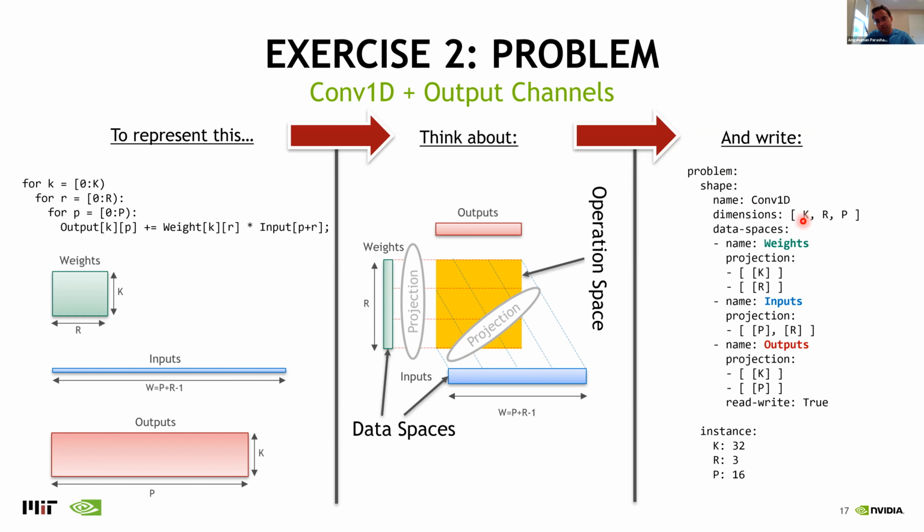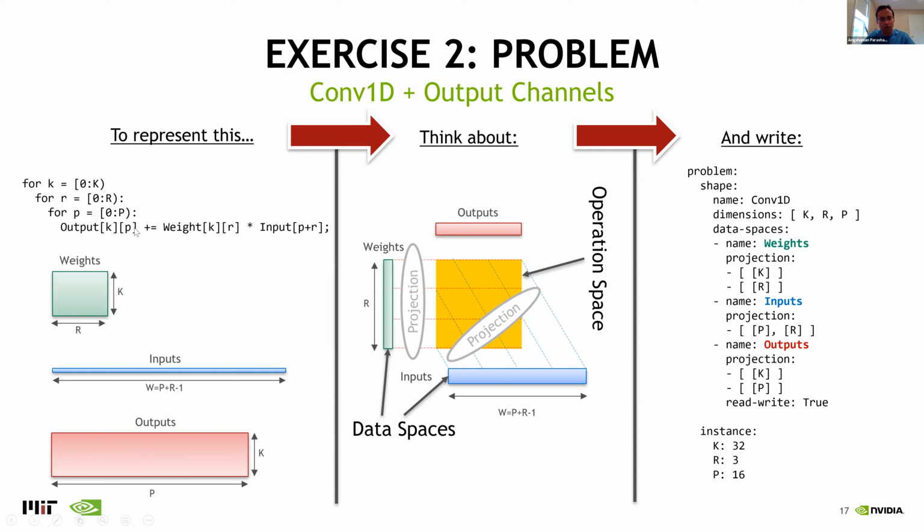What changed? We introduced the additional K dimension over here. And now remember when we were talking about the first example, the weight tensor had one line here for each dimension in the indexing expression.